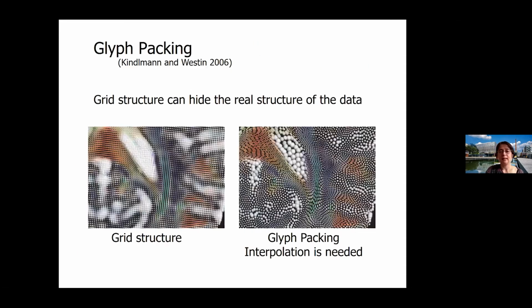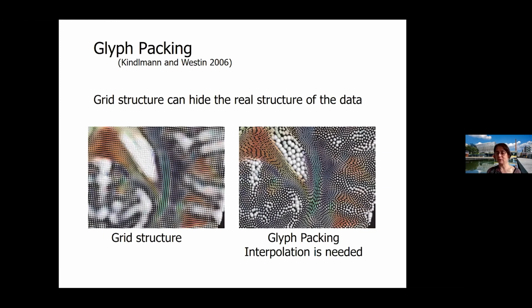Okay. If we have glyphs, one important thing to consider when you do the visualization is where you put your glyphs. It's important that you realize that if you put the glyphs in a grid, the structures you see are basically the structure of the grid beyond the structure of the data.